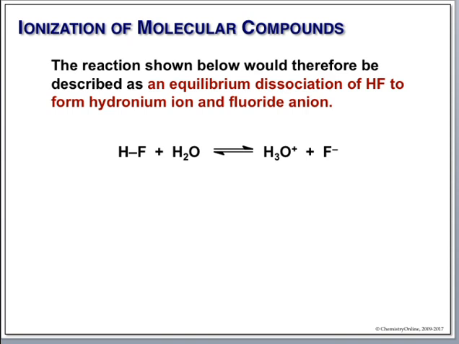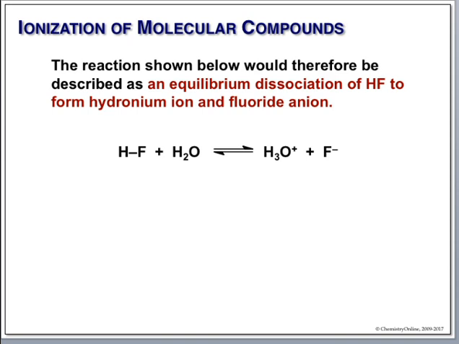Now, we're not going to talk about equilibria in 110. In general chemistry, you will. And of course, you'll love it. But we'll talk just a little bit, enough of the basics so that we can understand the concept. This reaction is going this way and this way at the same time, right?